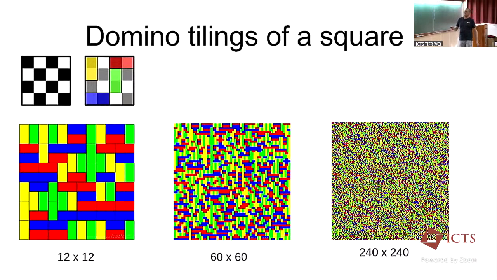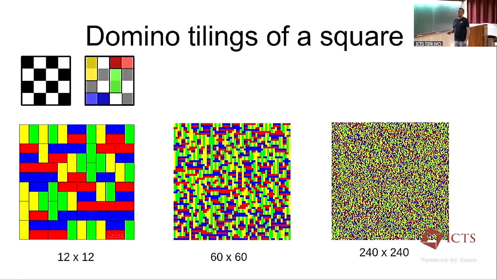I will, in fact, consider that there are 4 different types of tiles: 2 vertical, with the black square on top or on the bottom, and 2 horizontal, with the black square on the left or on the right. By using these colored dominoes, I can produce random typical configurations of such a tiling.